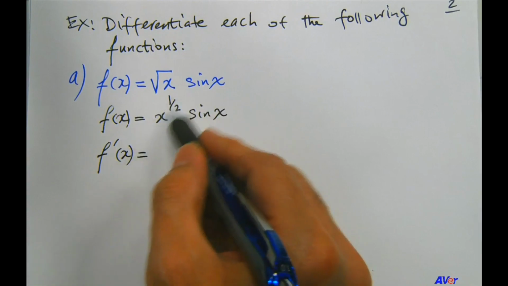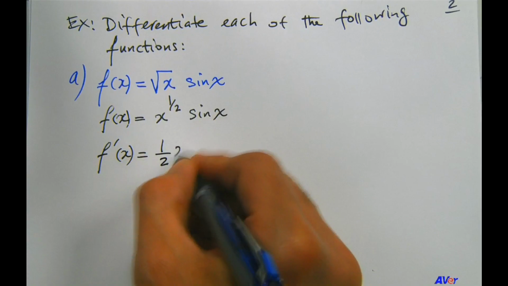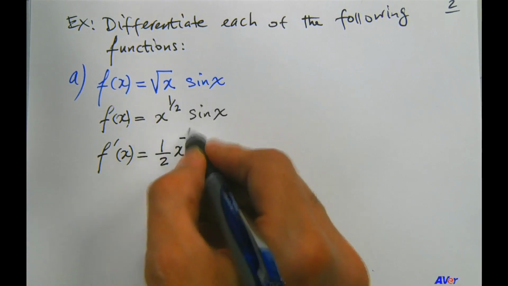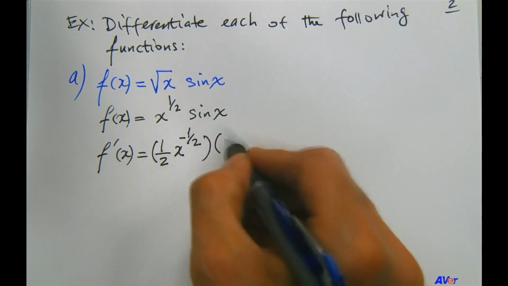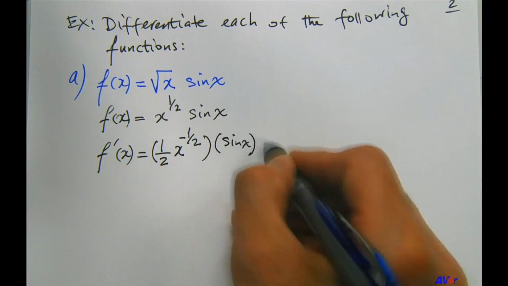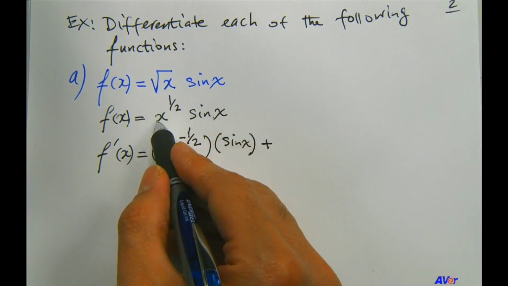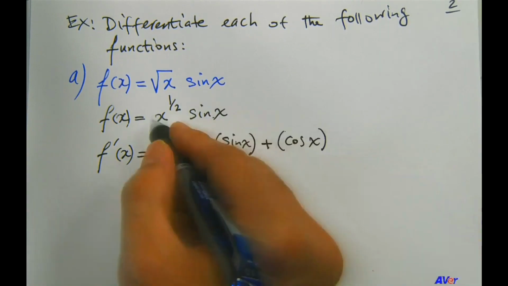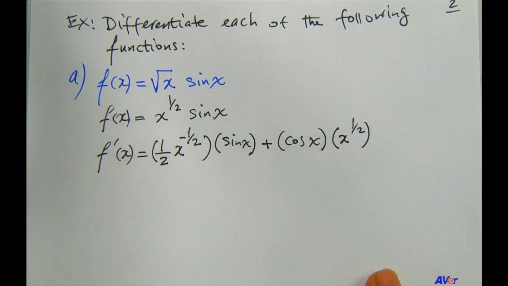So first let's find the derivative of this first function, which would be 1/2 times x to the 1/2 minus 1, which would be minus 1/2. All of that times the second function, plus the derivative of the second function times the first function. So that would be cosine x times x to the 1/2 power, right?